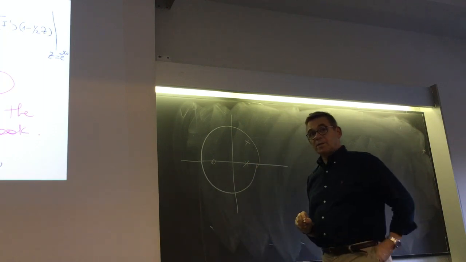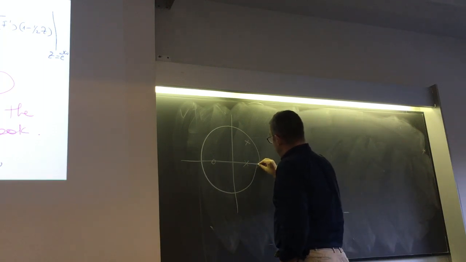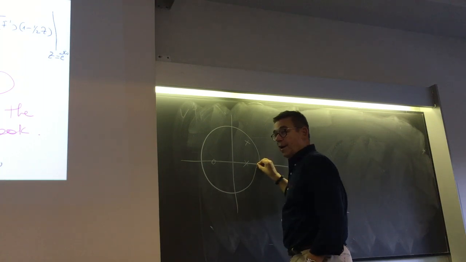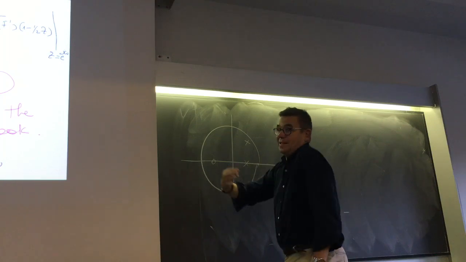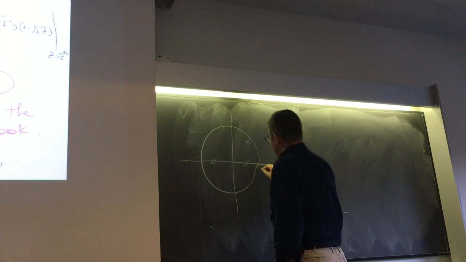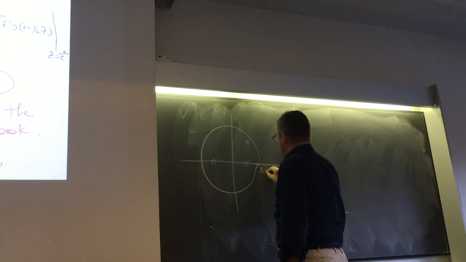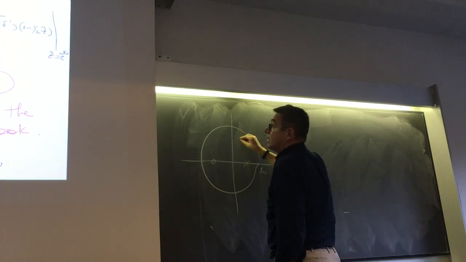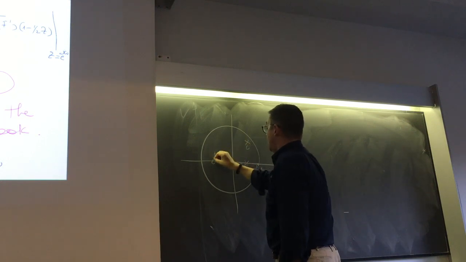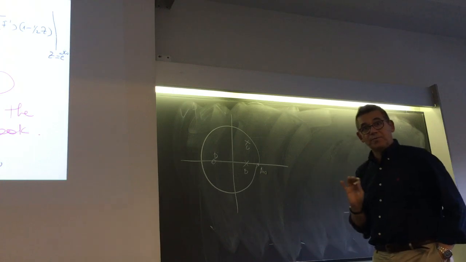If you are in this position, your Fourier transform, or your spectral density, you simply make the square. We call this point A0, and then I add B, C, and D. That's another example.